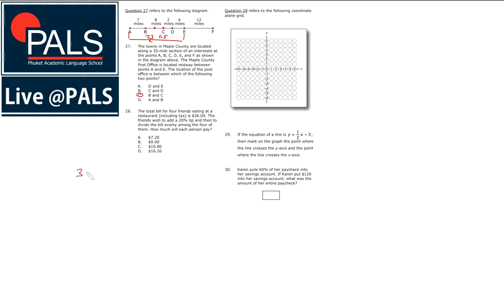Again, now we can do the third short method, which I taught you earlier. So adding 20% means we need to keep the 36, so times 1. 1 times 36 is 36, plus 20% is times 0.2, so 36 times 1.2. And then we need to divide this by 4.